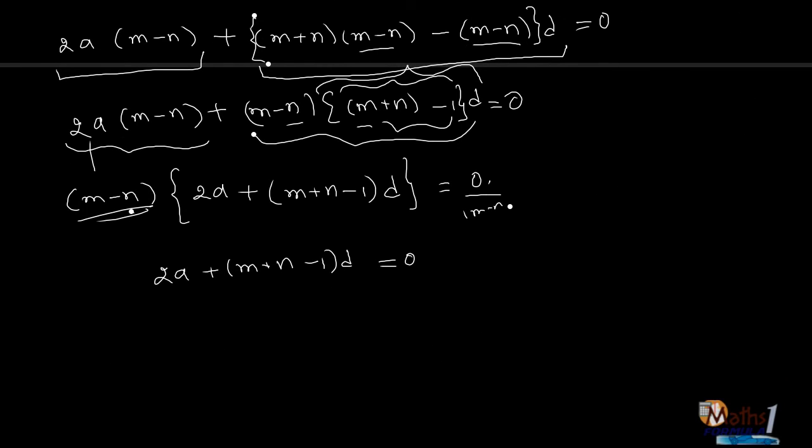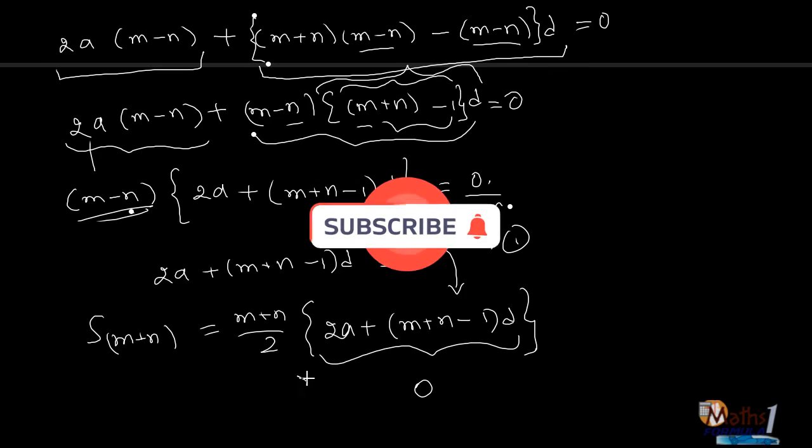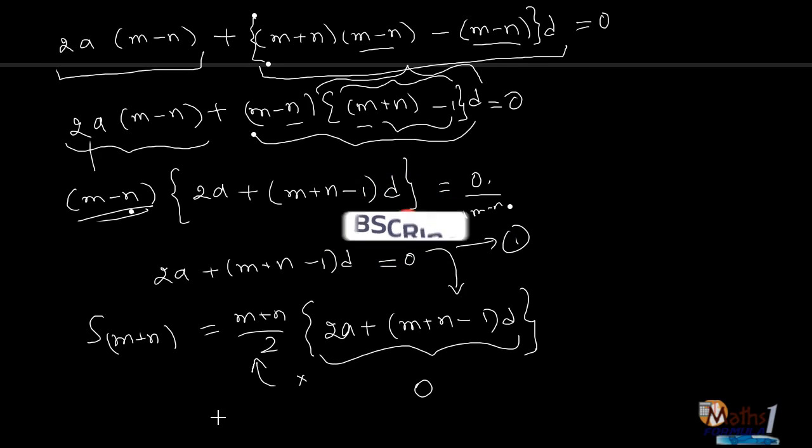So we will get the sum of m + n, that's what they had asked, (m + n)/2 in the bracket [2a + (m + n − 1)d]. Now from this, if I put this as 1, from 1 this will become 0. 0 multiplied by (m + n)/2 is actually going to be 0. So the sum of m + n equals to 0.